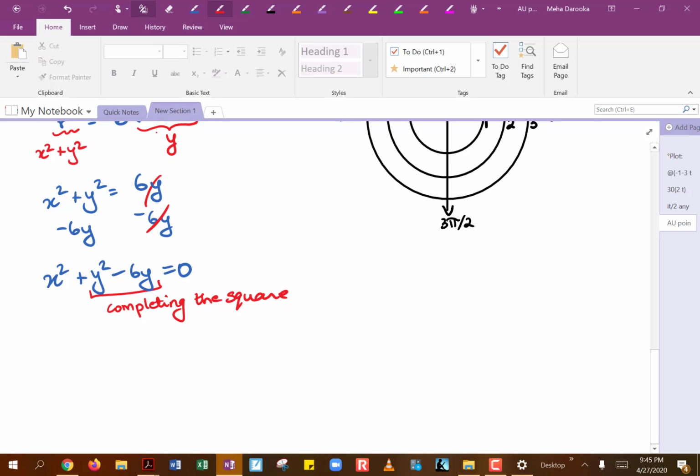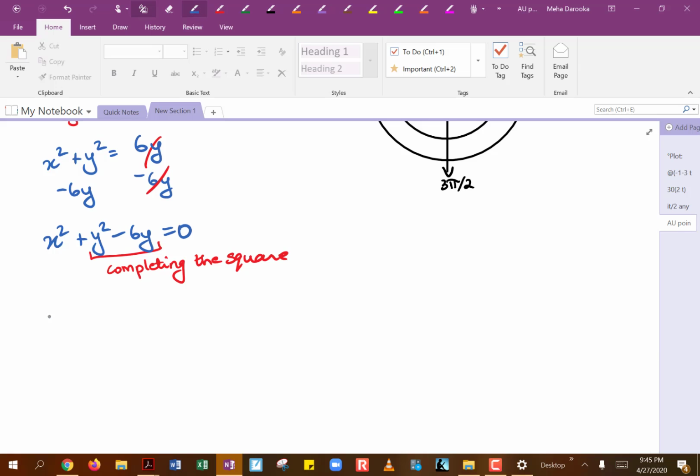So for completing the square, that x square part will stay as it is. We're not making any changes. But then here with the y square, by completing the square, you take the middle term, which is that 6, divided by 2, and square the answer. So 6 divided by 2, of course, is 3. 3 squared gives you 9.